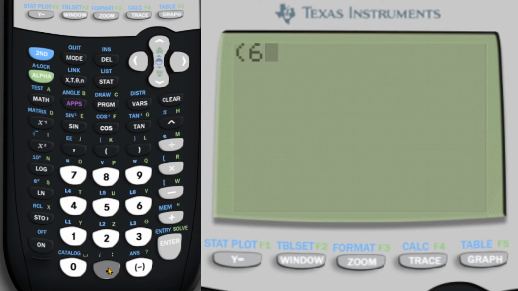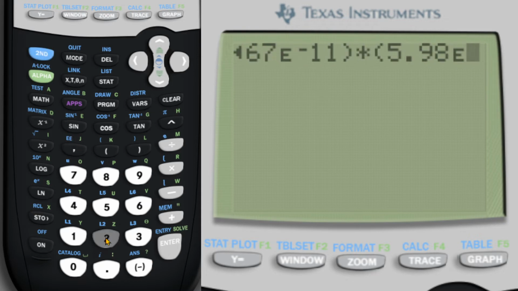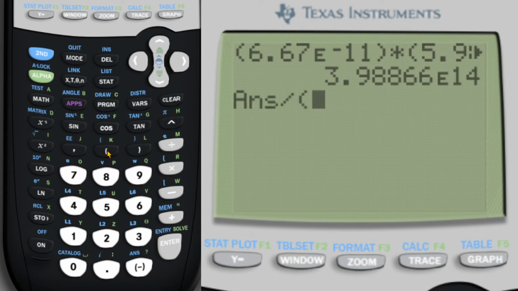So the universal gravitational constant is 6.67 times 10 to the negative 11, multiplied by the mass of the Earth, which is 5.98 times 10 to the 24th, and then divide by the distance to the surface squared, which we can call the radius of the Earth, 6.37 times 10 to the 6 squared.